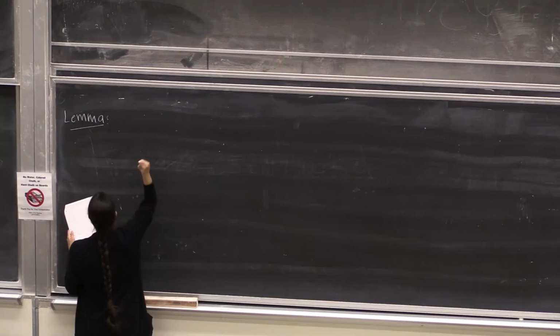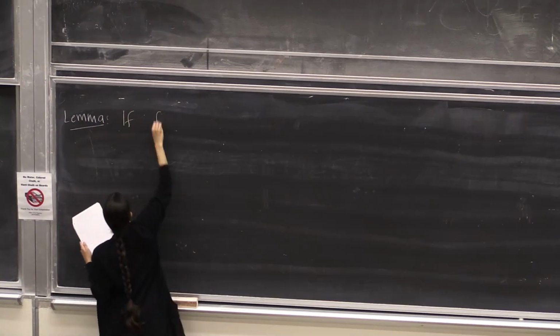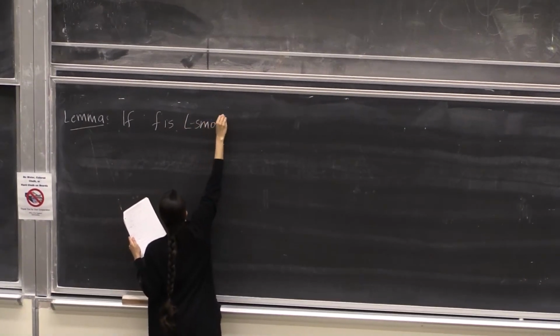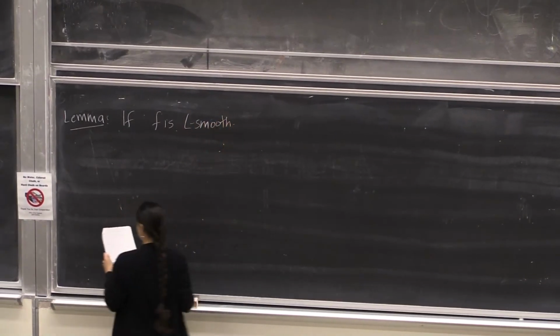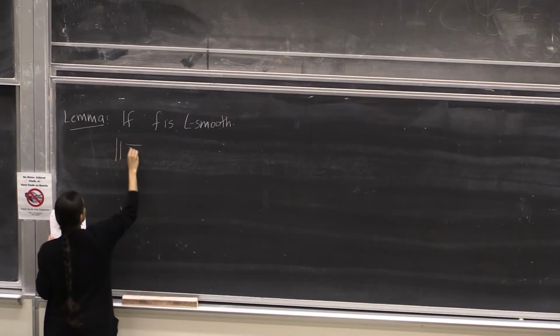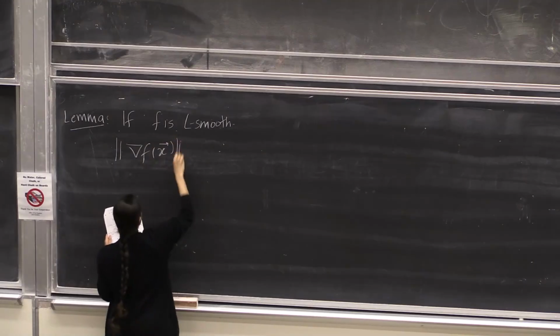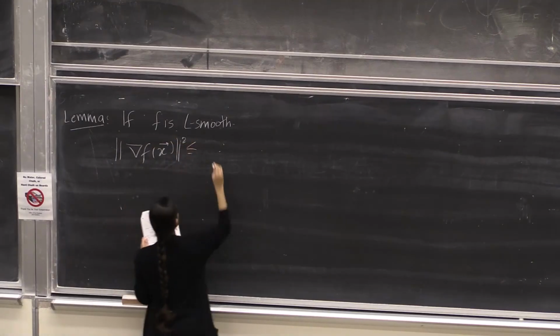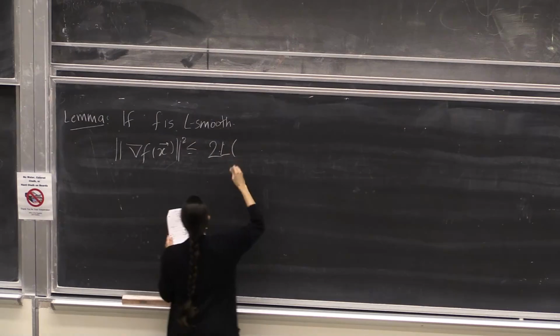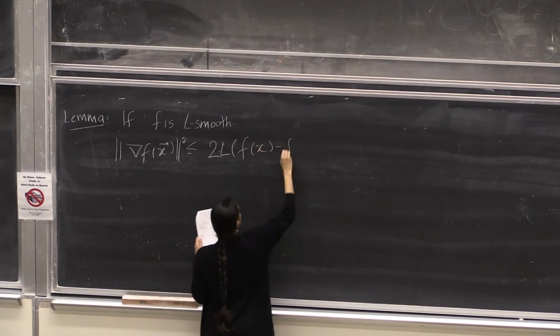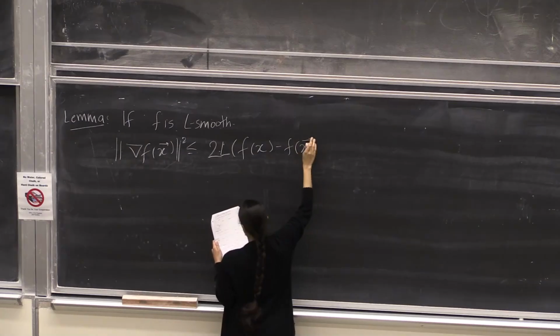So if f is L smooth, then the gradient of f of x squared is less than or equal to 2L times f of x minus f of x star.